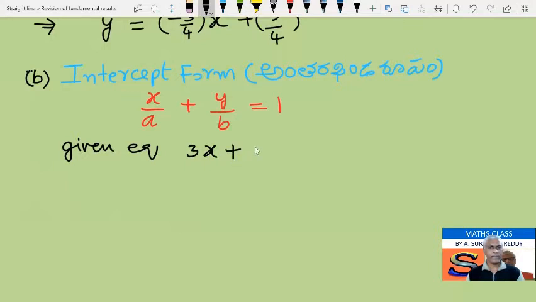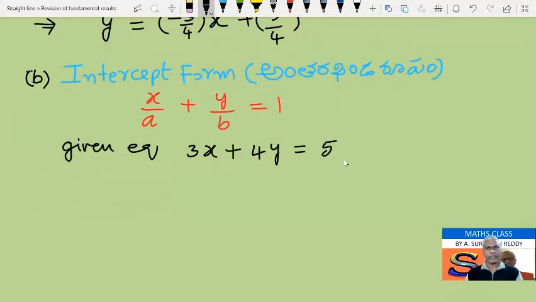3x + 4y = 5. Observe this intercept form. In the right side of this intercept form, 1 is there.